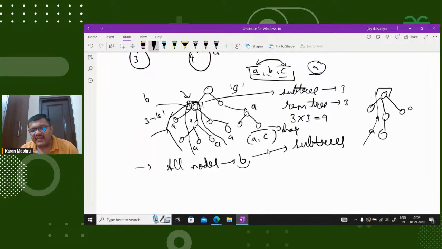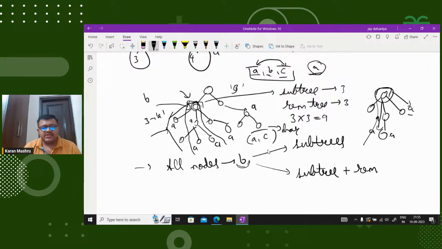But if I have one A on this branch and one A on that branch, then this will be on the path from this A to this A. So for all nodes B, there are two choices for A and C. One is both of them are in its subtree, and another is that one of them is in its subtree and the other is in the remaining part of the tree.